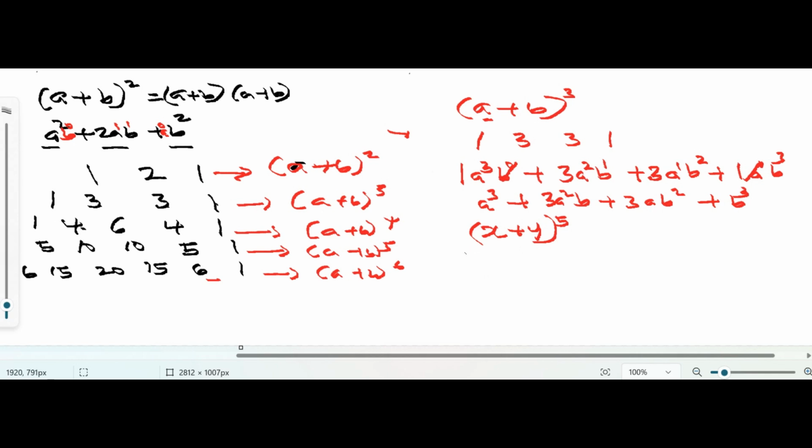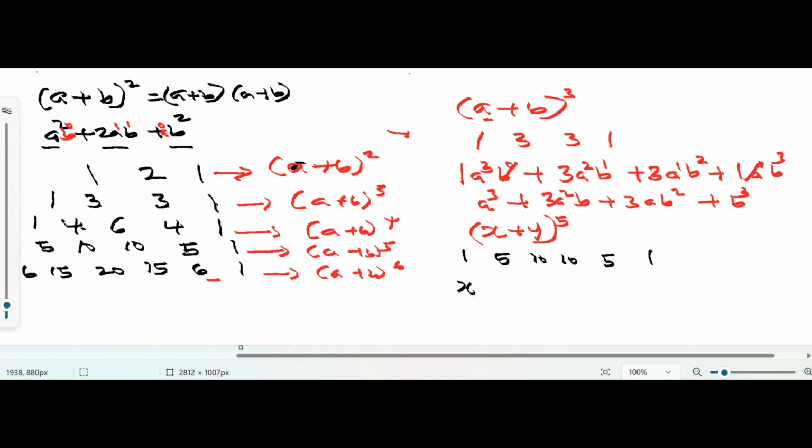The first thing you do, you write out the coefficients of the fifth expansion, which is 1, 5, 10, 10, 5, and 1. And mind you, as the power of x is decreasing, the power of y is increasing.